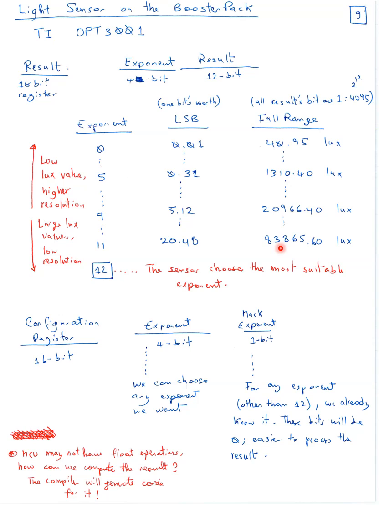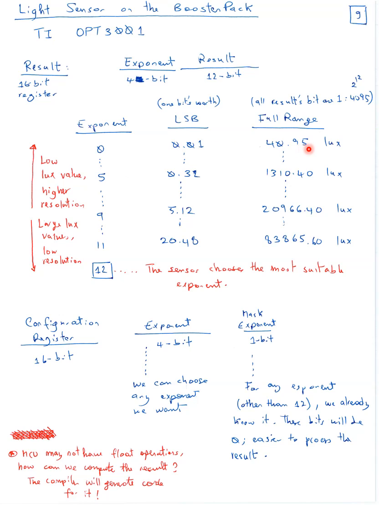So let's look at the trade-off between the exponent. We got exponent 0 all the way up to exponent 11. So if you go toward the exponent 0, the full range will be quite small, but we actually gain resolution because now we're gonna get values in increments of 0.01 lux.